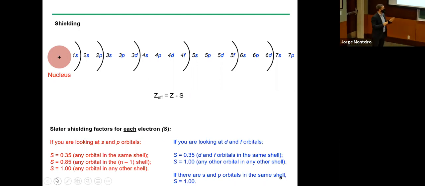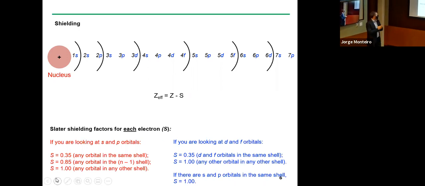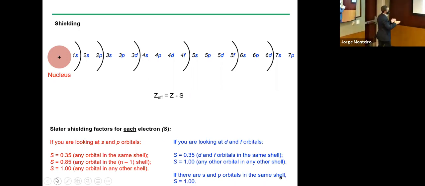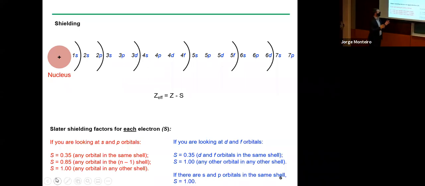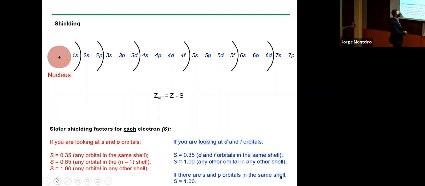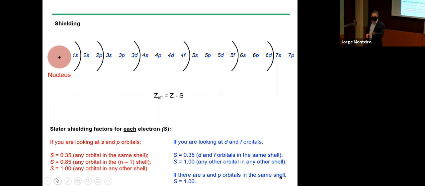Okay, so the Slater shielding factors will change when you are looking at s and p orbitals compared with d and f orbitals. Here's the rule.